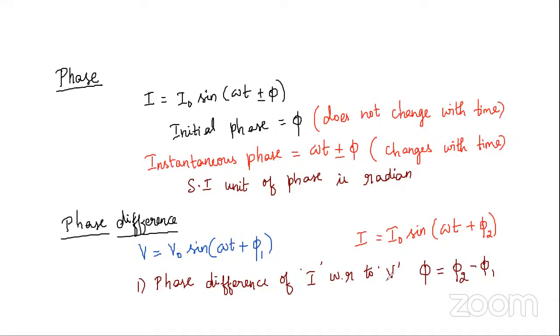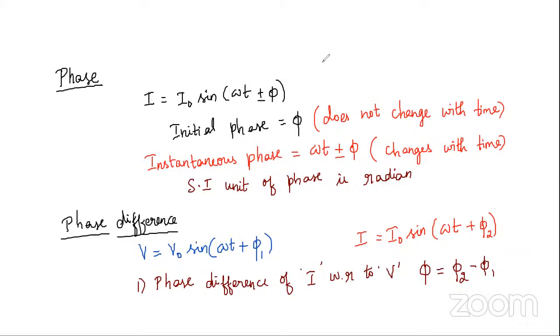The phase of that quantity should come after the negative sign. Here the phase difference of I with respect to V means the phase of I should be written first, that is phi 2, and the phase of V should be written next, that is phi 1.